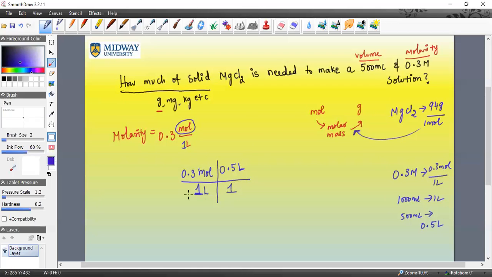This one and this one have a slightly different meaning; this one has a liter tag to it, there is a purpose to it. So let's get our handy red pen. The liter cancels out, and now we're left with moles. So 0.3 times 0.5 is 0.15 moles.